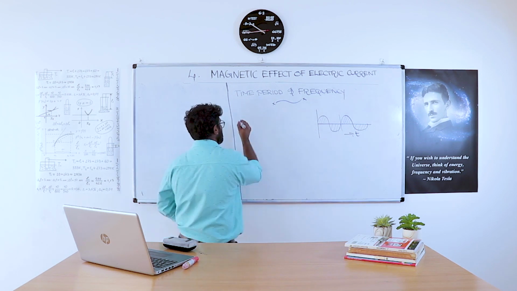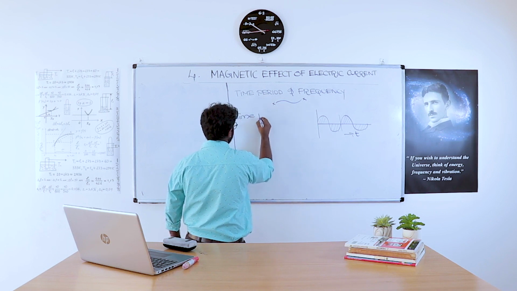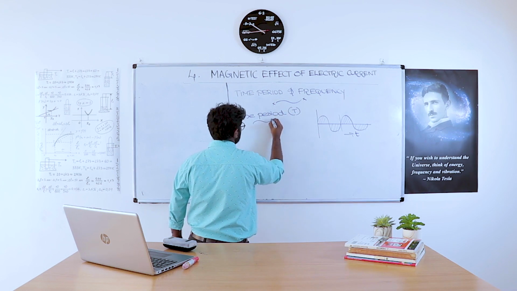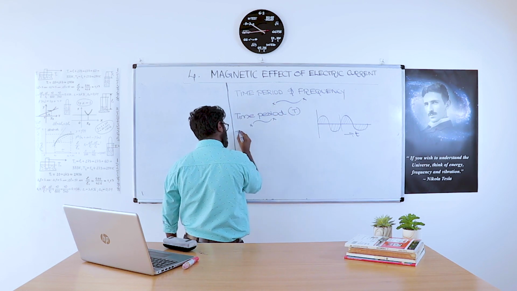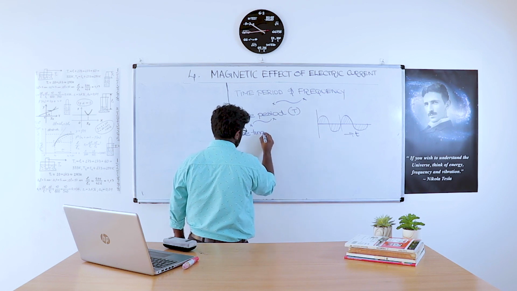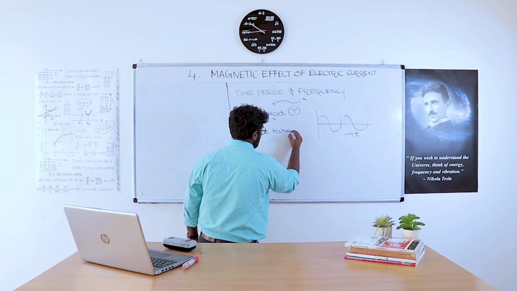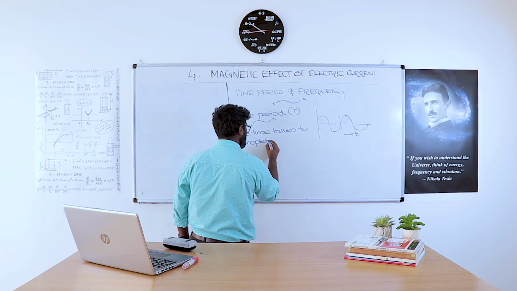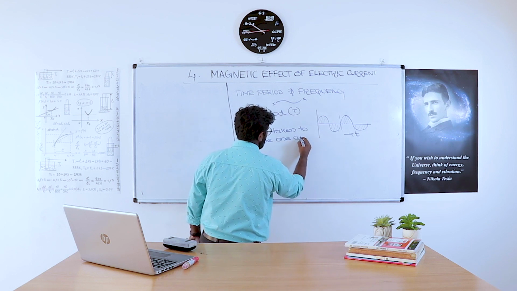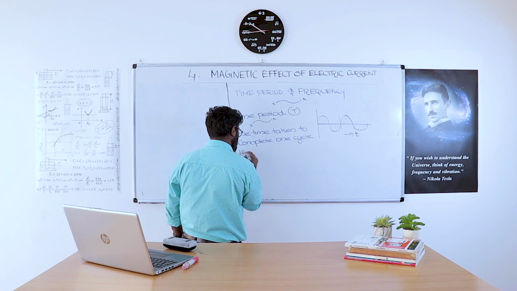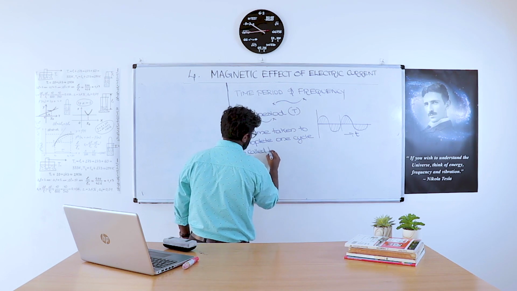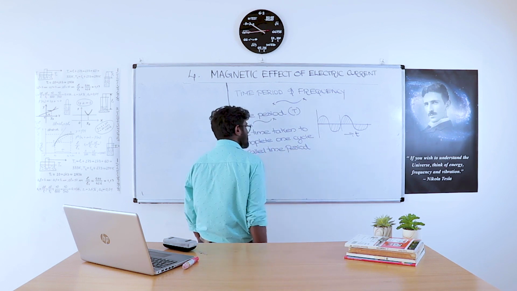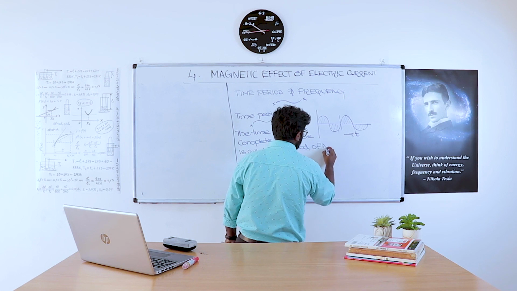What is time period of AC? The time taken to complete one cycle is called time period of AC.